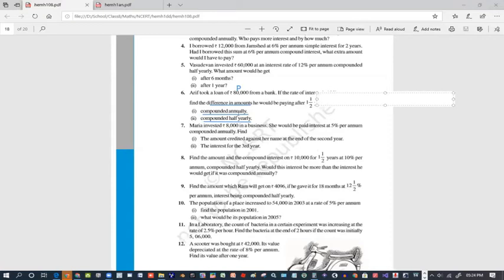Okay, for 1 year it is compound interest, and for 6 months he will pay simple interest. So compounded annually, N will become 1 for CI, and SI for 6 months.